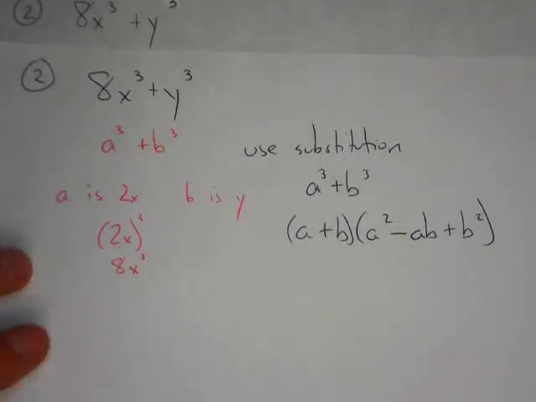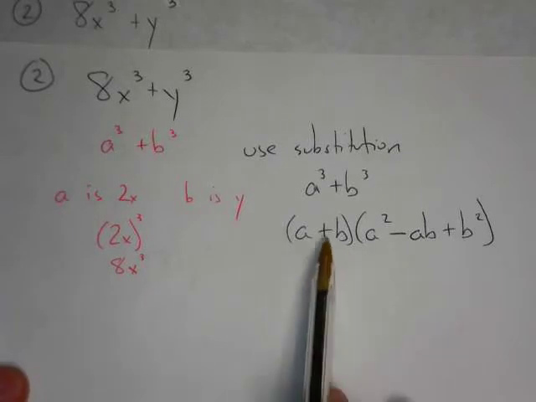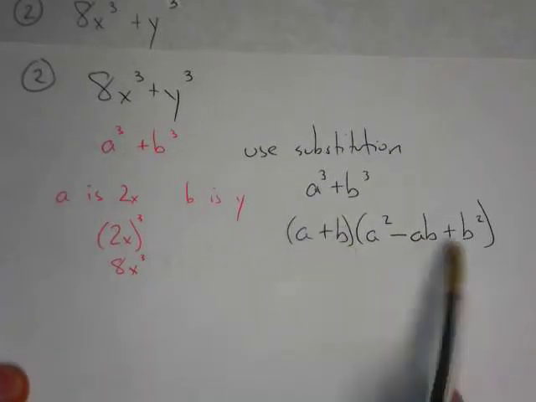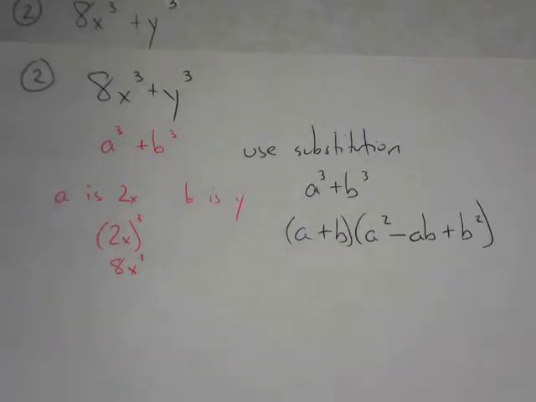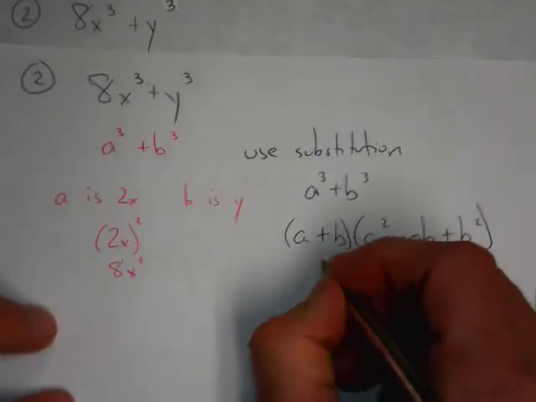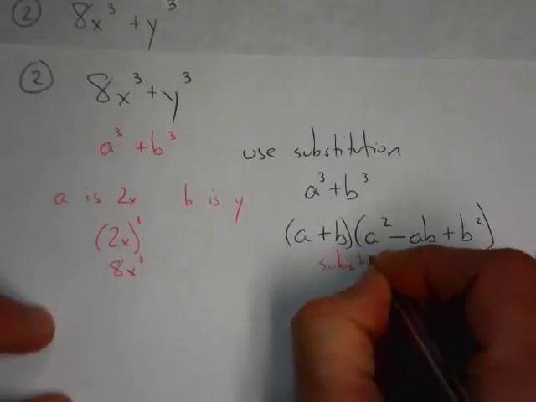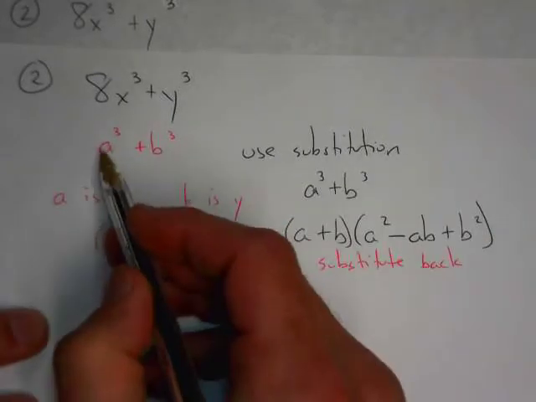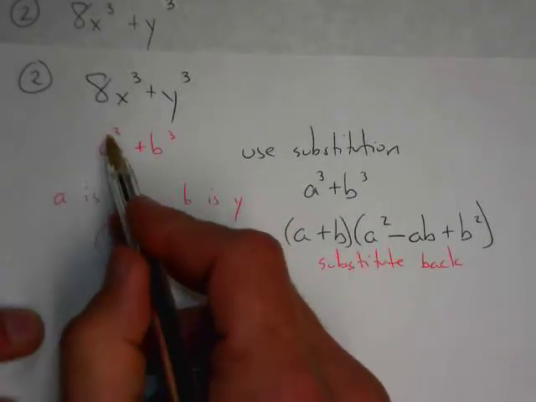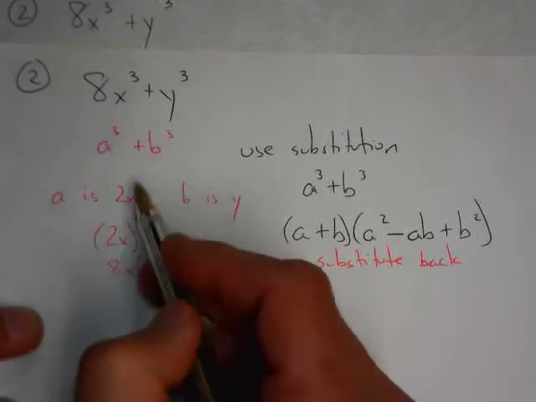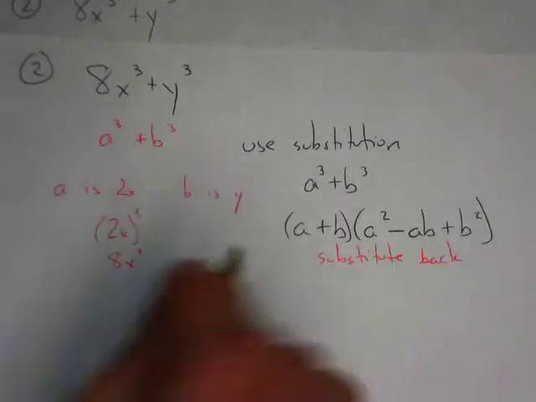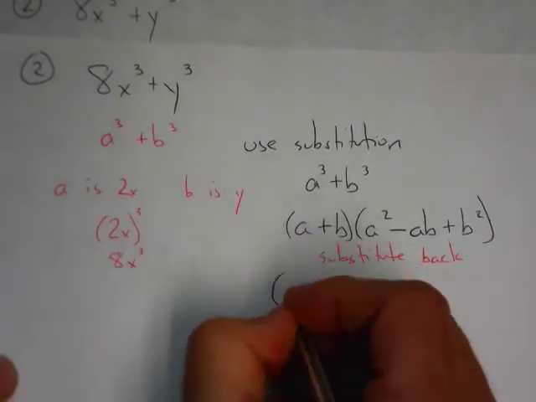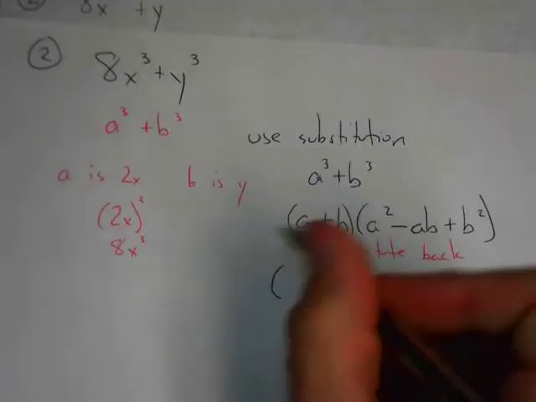And then we can substitute back. So we have used that factored format, and then we can substitute back. If you remember what we substituted originally, we said that a is actually 2x, so a to the third power, in this case, would be 2x to the third power. So a is actually 2x, so we can substitute back.